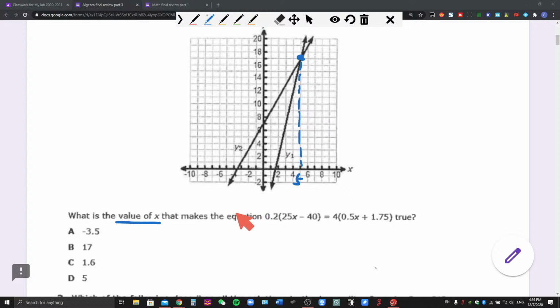That should be a 5. So therefore, the value of x that makes the equation true, that makes y1 and y2 satisfy both of them, the intersection, the x value is 5. It's 5. So D.